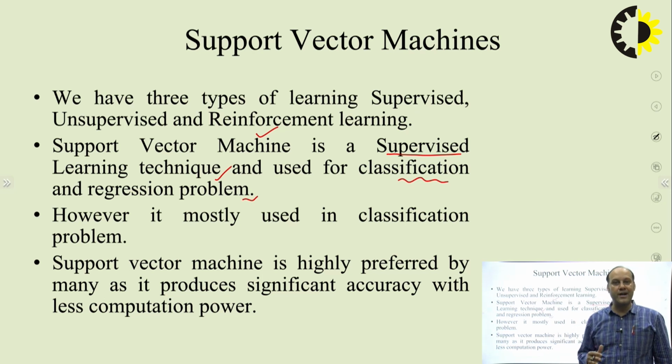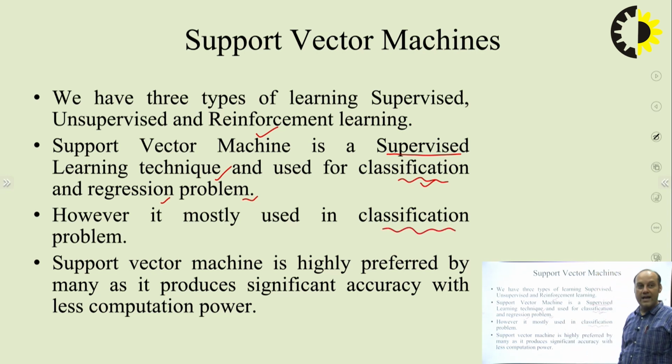Multiple sets are given and we need to classify under what category those sets, those real entities, fall, to categorize the data here. That is called classification and regression problems. Most of the time we use SVM for classification problems.